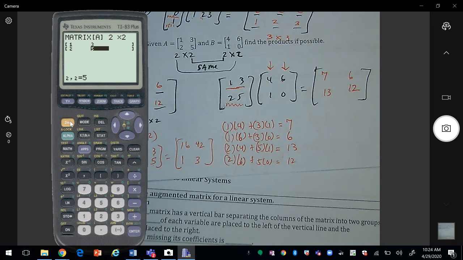So then I'm going to go ahead and second quit, and I'm going to do it again, second matrix, and I'm going to edit, but this time I'm going to choose matrix B. It is a 2 by 2 also. And then I'm going to go ahead and enter those numbers: 4, 6, 1, 0.